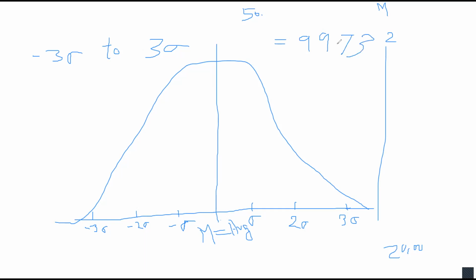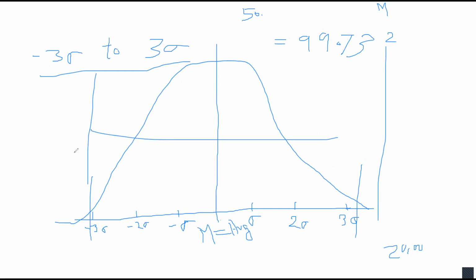Within the 6 sigma range, 99.73% of data must be there. Is it making sense? From here to here, this should be 99.73.